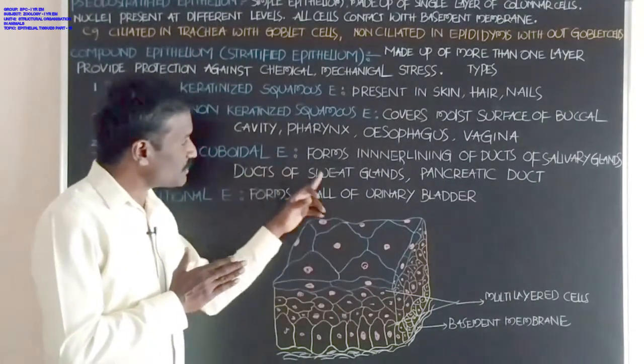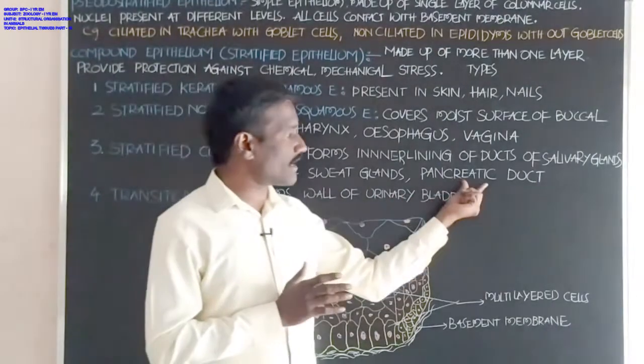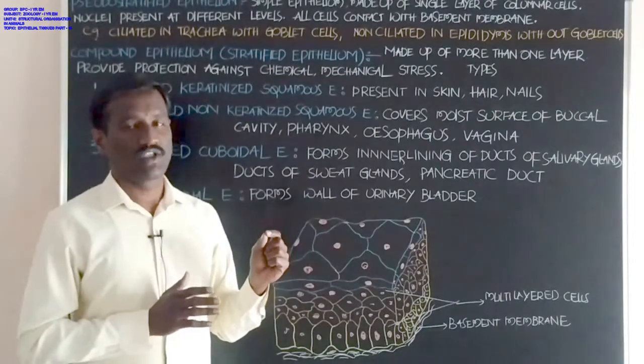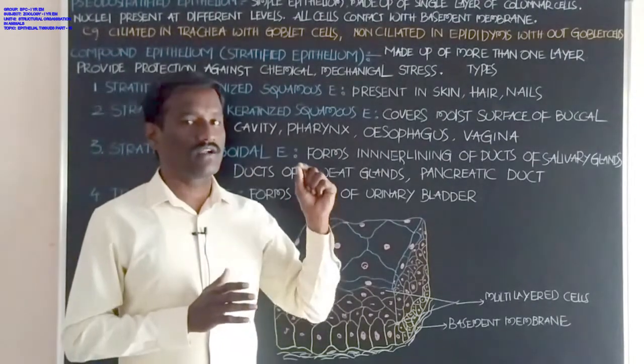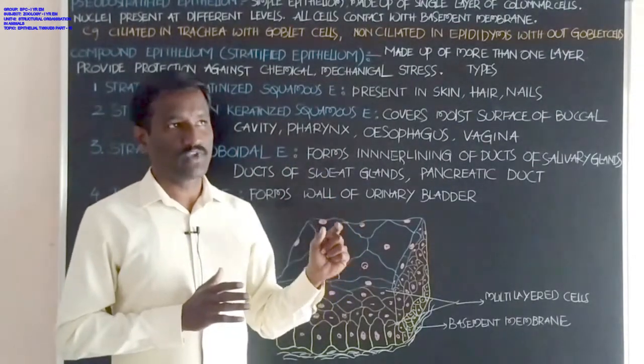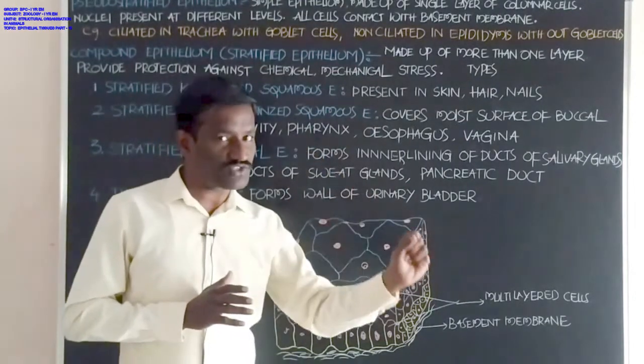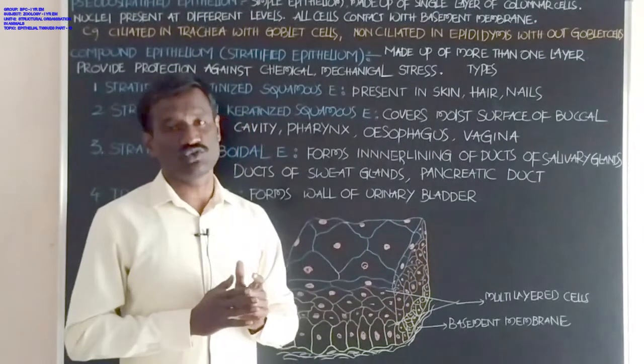Ducts of the sweat glands and the pancreatic duct. The pancreas is part of the digestive system. It is a gland that secretes pancreatic juice and also pancreatic hormones.